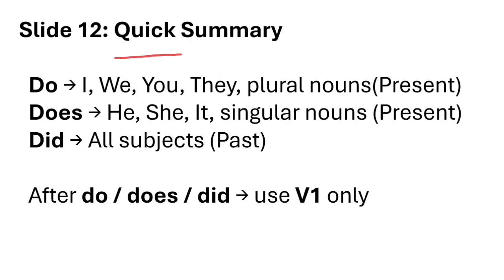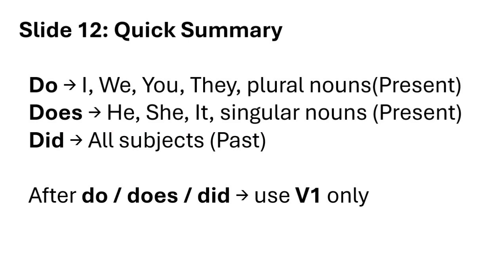Now let's summarize quickly. So first one is do, we use it in present tense, okay, along with I, we, you, they, and with plural nouns we use do, okay. And coming to does, even does is used in simple present tense, okay, but with he, she, it, and singular nouns, that is the difference.